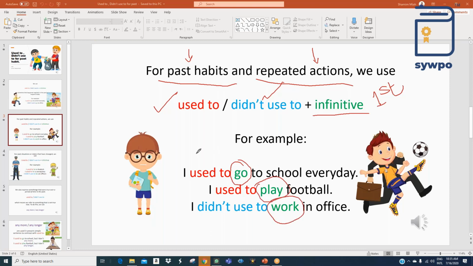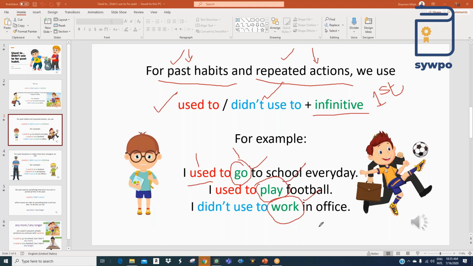So after used to, we use the first form of the verb, even though we are talking about actions which happened in the past. Remember, in past tense, we use the verbs which are second form, let's say ed form. But when we talk about habits in the past or actions that we did in the past repeatedly, we use used to with the first form of the verb.